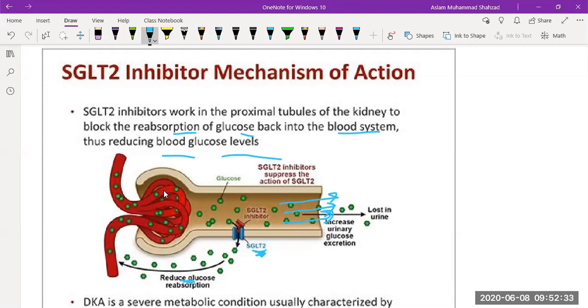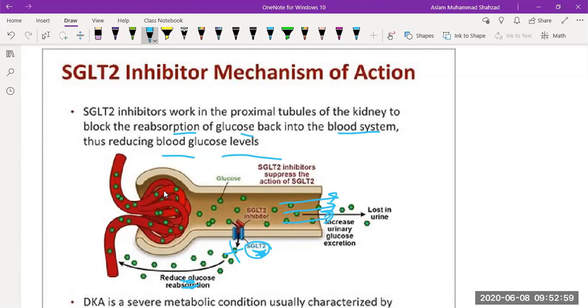So the reduction of the glucose reabsorption through that pathway, because SGLT we know is responsible for reabsorption. We mentioned 90% of the reabsorption occurs through that mechanism. So these drugs are inhibiting these transport mechanisms, so that there will be more loss of glucose through urine, to maintain the blood glucose level.